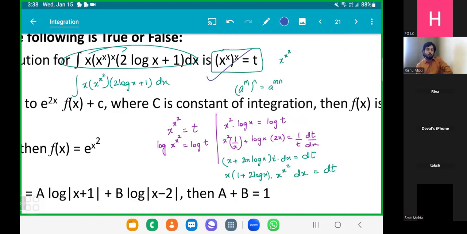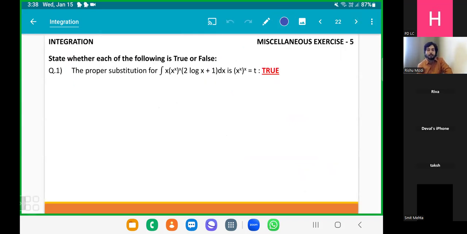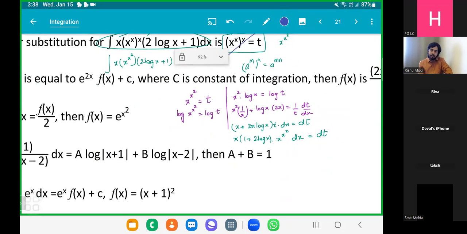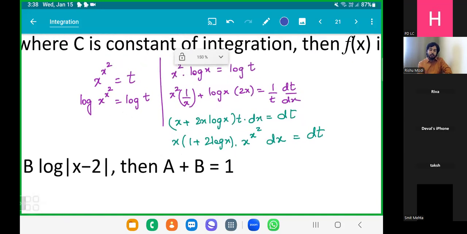My answer for this true or false is true, because this substitution gives me the derivative which is already there in my question and which goes away along with my dx. So the first answer becomes true. We just have to write true or false along with the statement.